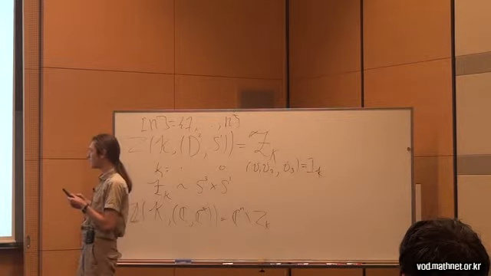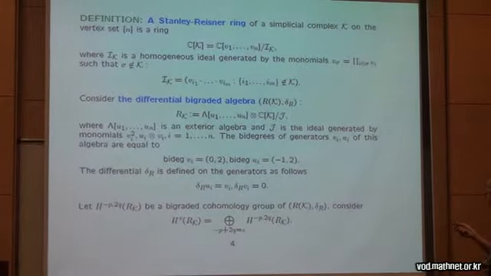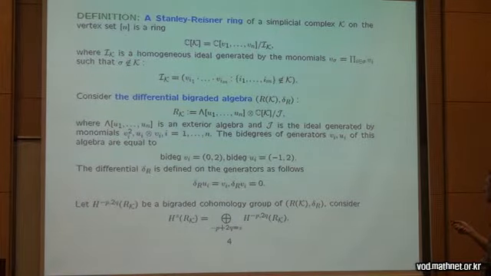Okay, and now we can define the differential bigraded algebra in this way. It is the exterior algebra tensor product with the Stanley-Reisner ring, taking the quotient by some ideal. This ideal is generated by these elements. R_K is a bigraded differential algebra. The bigrading is given in this way, and the differential is given in this way.